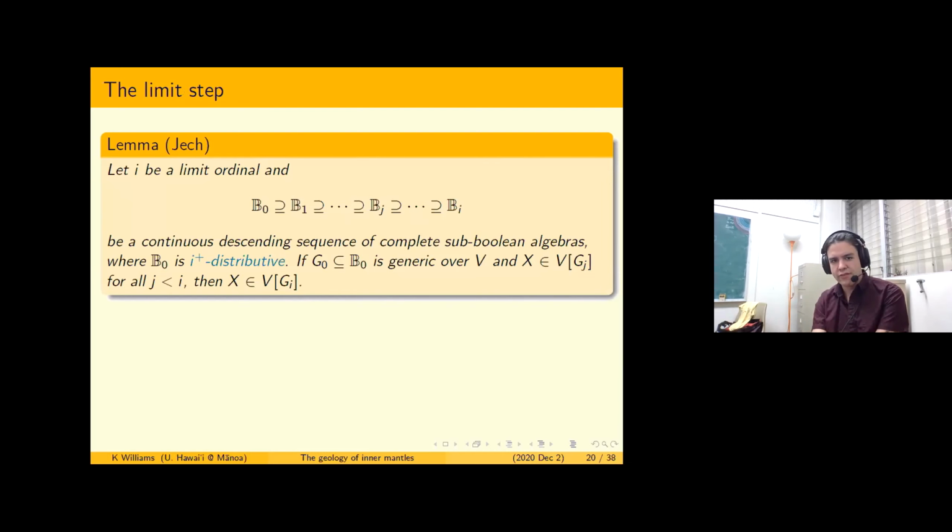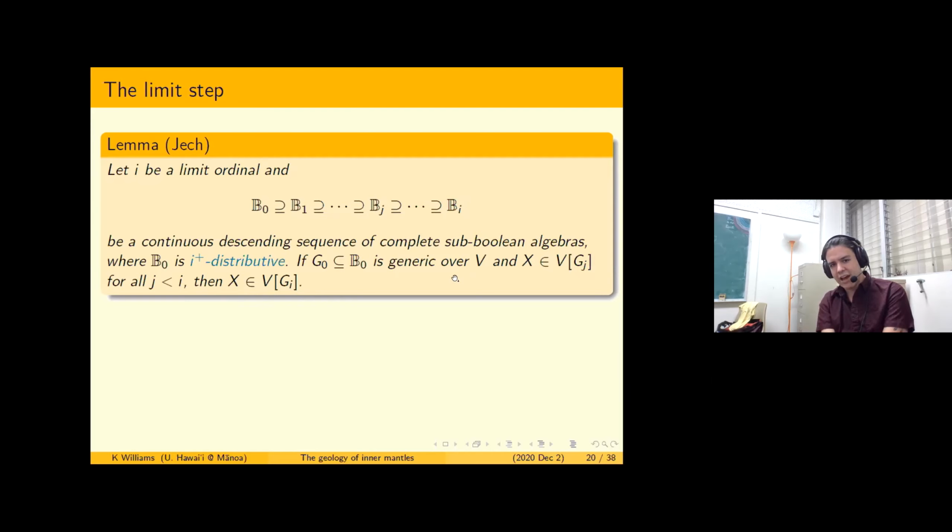So let's suppose you have a continuous descending sequence of limit length. And let's suppose these are complete sub-Boolean algebras, and the top one is sufficiently distributive. Then the lemma tells us that if you have something that's generic for the big thing, and if you're in the extension by all of the intermediate stages, all the BJs, then you're exactly going to be in the extension by BI.